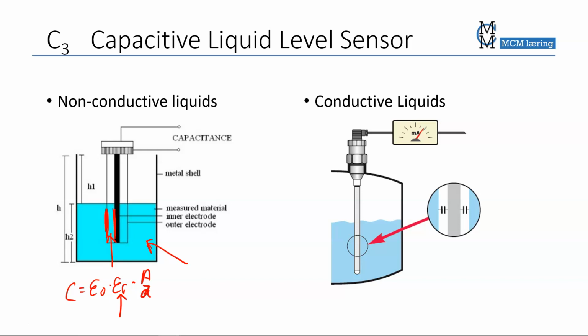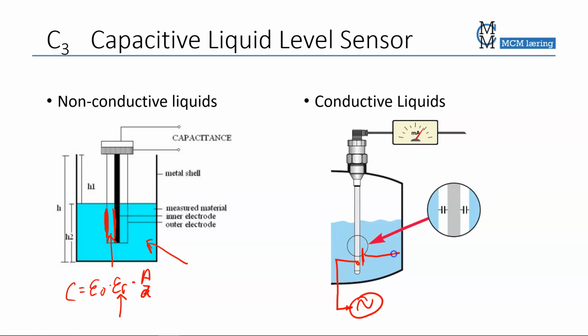If you have a conductive material, that means that if you use this as one terminal in your capacitor and this as the other terminal, and you put your source between the two, actually the salt water will make this area here shift all the way over here.